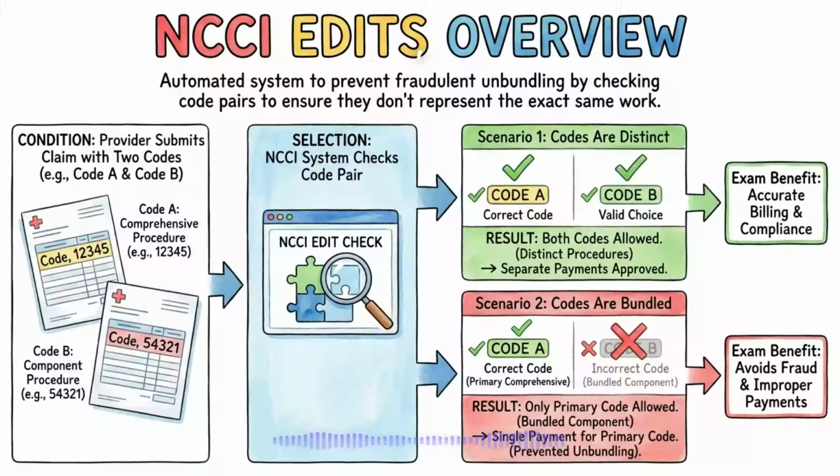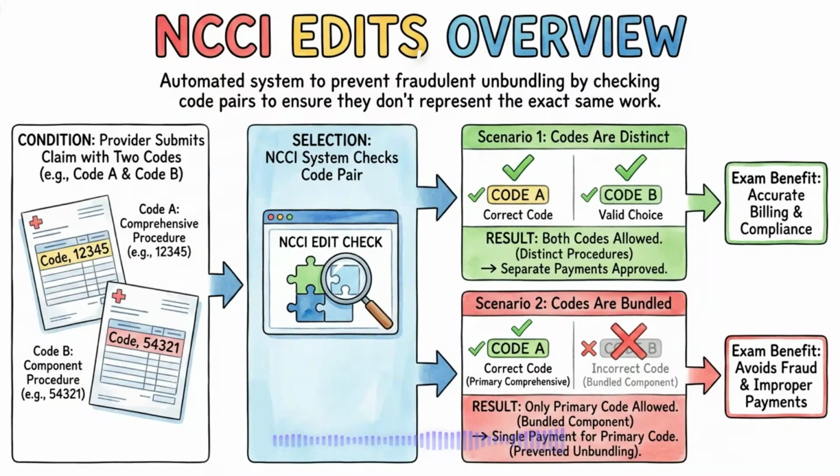To prevent fraudulent billing and improper unbundling, the federal government created the National Correct Coding Initiative, known as NCCI. The NCCI is an automated editing system used by Medicare and Medicaid to ensure that certain codes are never paid together if they represent the exact same work.